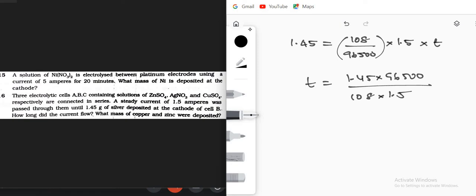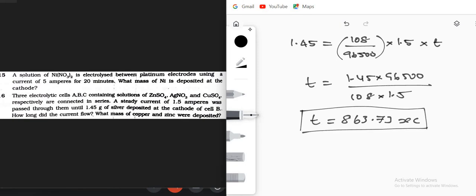If I simplify this, I will get some value in seconds. 1.45 into 96,500 divided by 108 divided by 1.5. It comes around 863.73 seconds.